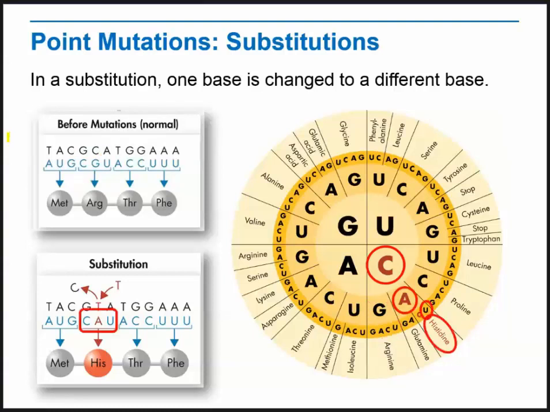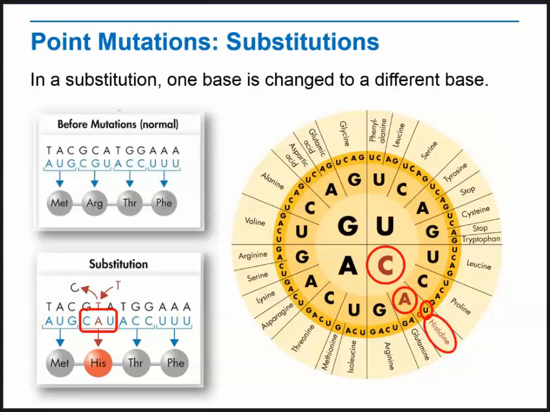An example of substitution: one of the C nucleotides is replaced with a T. This causes the codon to change to CAU, which codes for histidine. So the resulting amino acid sequence is changed, resulting in a change in the protein.